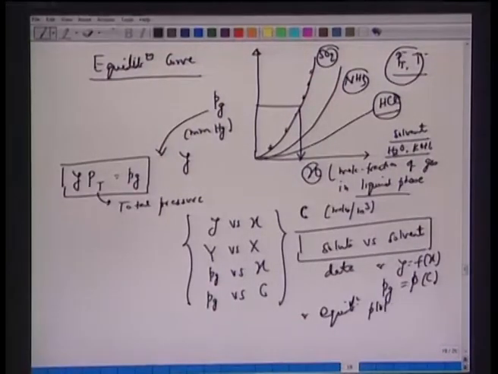Either way, given the plot, we can calculate those mole fractions, etc.